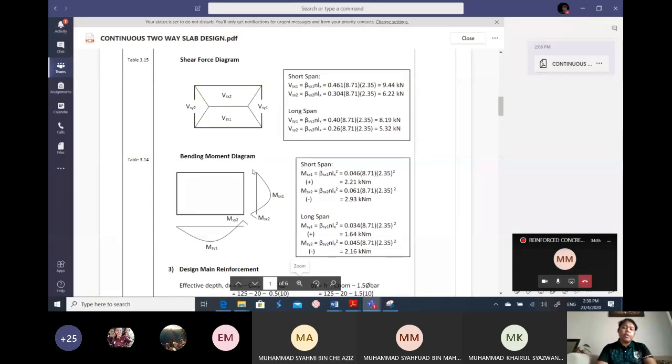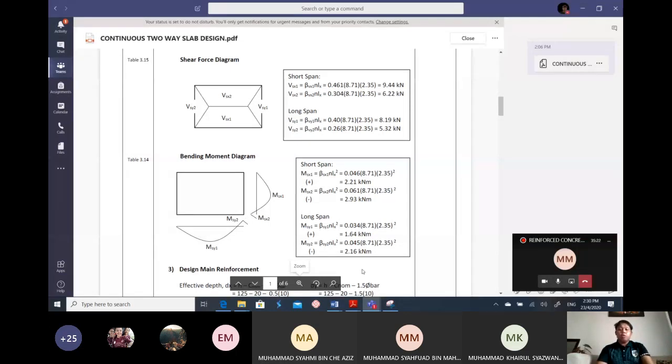Kenapa? Anyone can explain to me? Answer my question. Sebab yang tu discontinuous. Yes, correct. When it is discontinuous, the value of the moment here is equal to 0. MSY1 is for the midspan of the long span, MSY2 for the support at the long span.